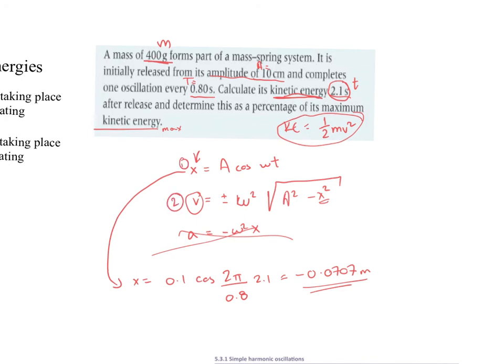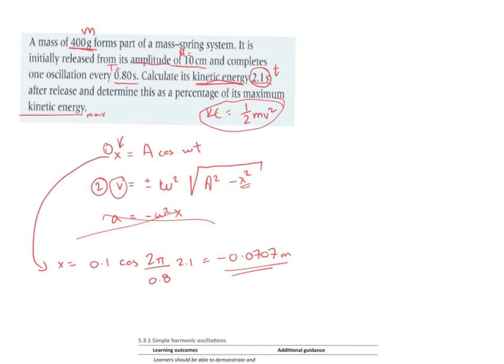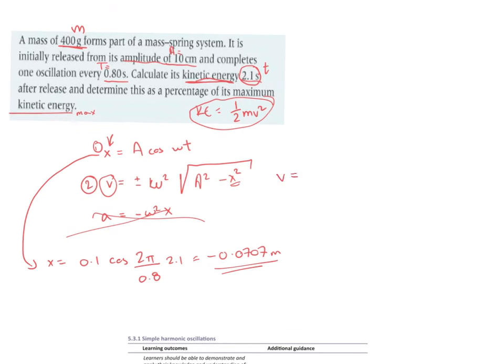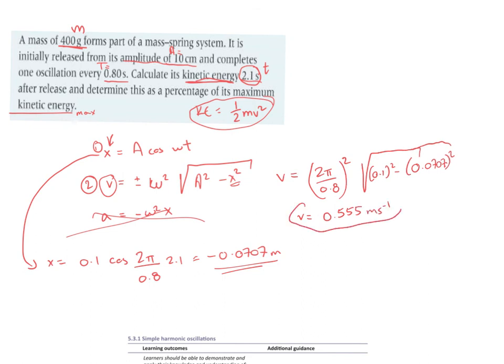So v will be 2 pi over 0.8, times the square root of 0.1 squared minus 0.0707 squared. And that will give you a speed of 0.555 meters per second. So there we are, we got our speed.